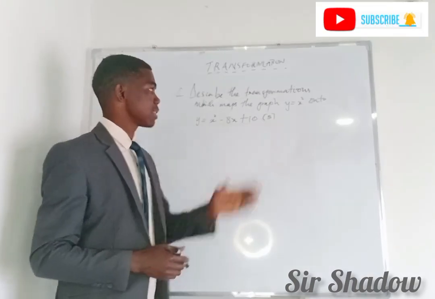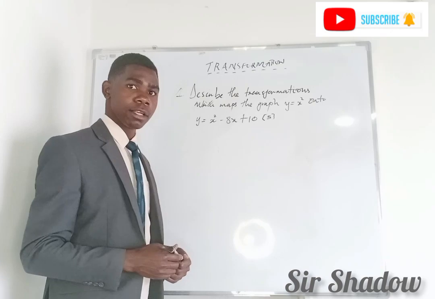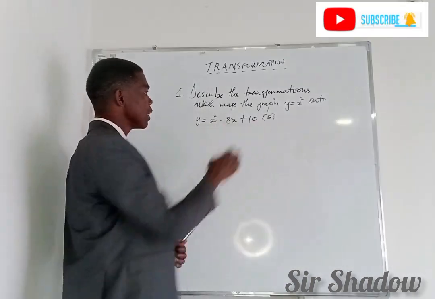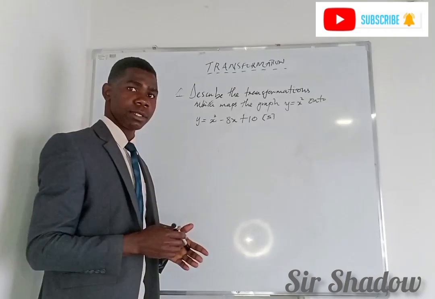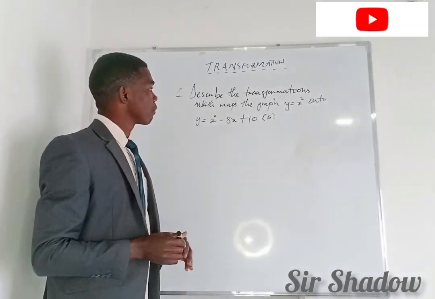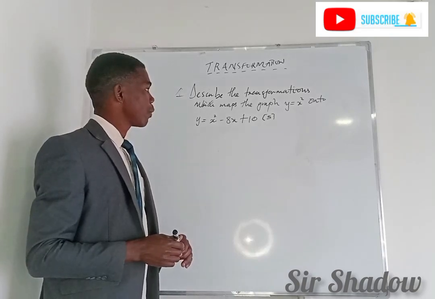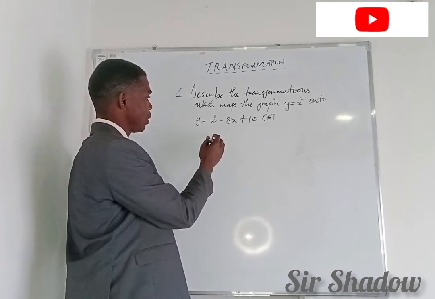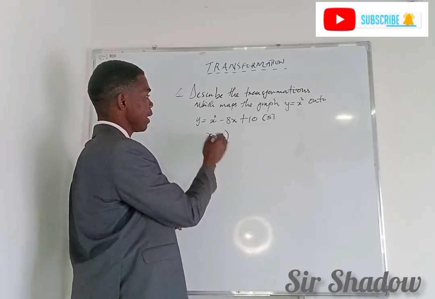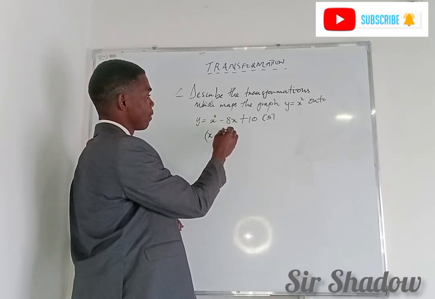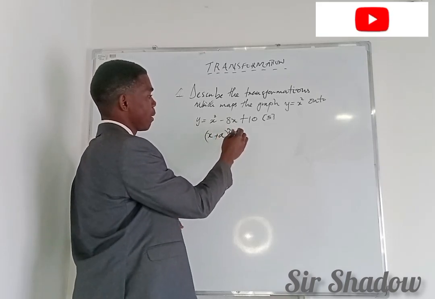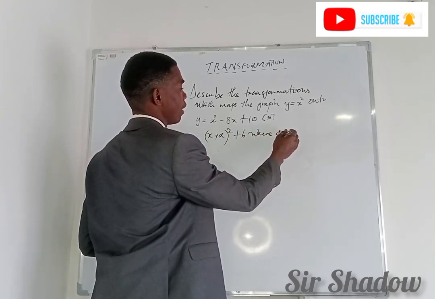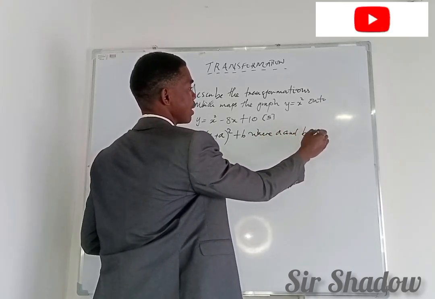Since 5 marks is allocated, what do you think? The first step, you have to complete the square to this question in order for your solution to be in the form (x minus a) all squared plus b, where a and b are constants.